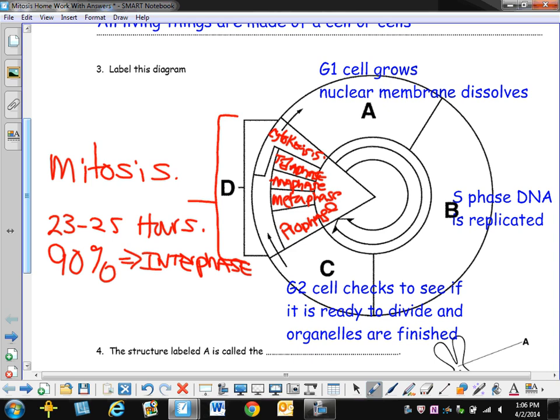All right, G1, the cell grows. Nuclear membrane dissolves. If you want to take this arrow here, what goes in this arrow? Cell division.